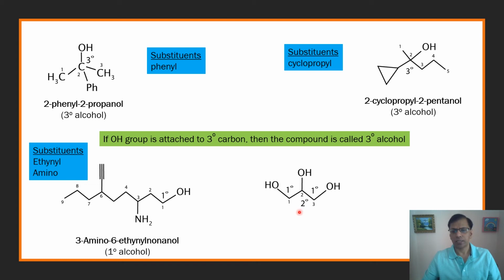So in this case, the naming was straightforward. You just write 1,2,3-propanetriol. Since there are 3 OH groups, you add the word triol at the end. If there were only 2 OH groups, you would add the word diol. And then 1, 2, 3 is the location of the OH groups.